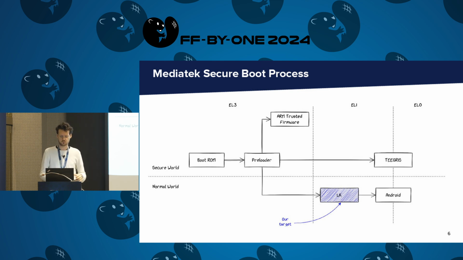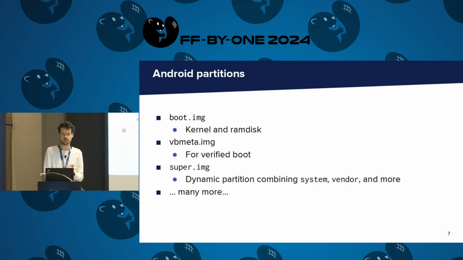But before diving into that, another little bit of introduction on Android partitions. This is just to put everyone on the same page. Android is usually shipped in different partitions that serve different functions and that you can flash or restore independently, more or less.